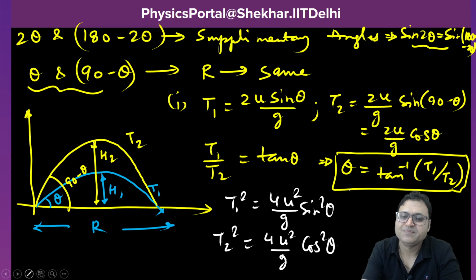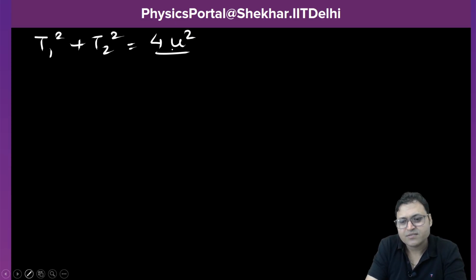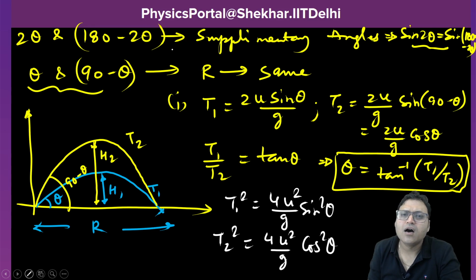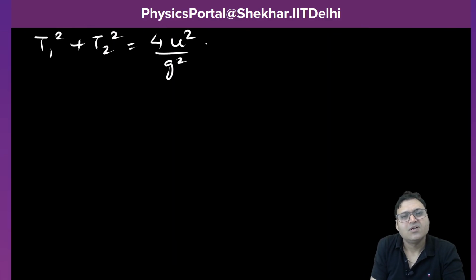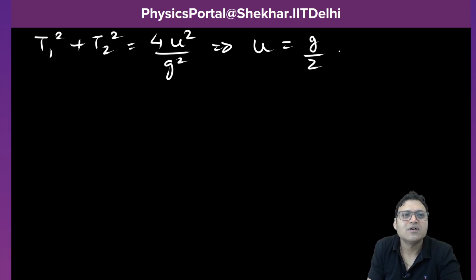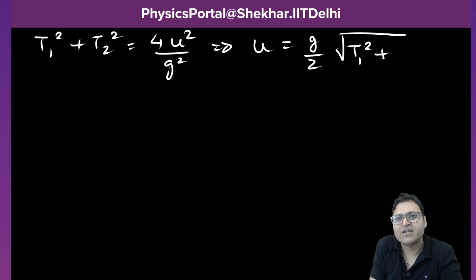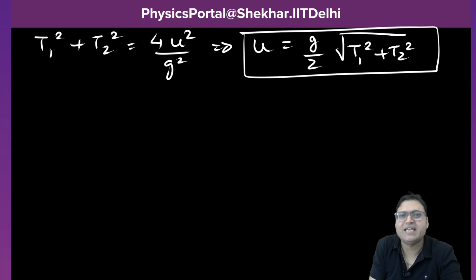If we add them, T1 square plus T2 square is equal to 4u square by g square times sin square theta plus cos square theta, and sin square theta plus cos square theta is 1. So from here we can find u is equal to g by 2 under root of T1 square plus T2 square. We can find the initial velocity also.